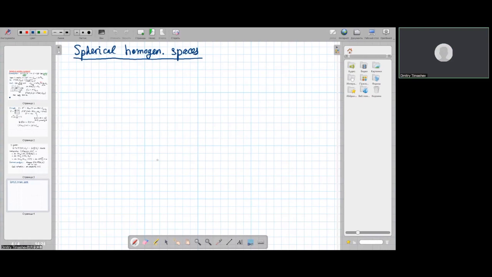Okay, so let me recall the basic notation. G always denotes a connected reductive algebraic group.